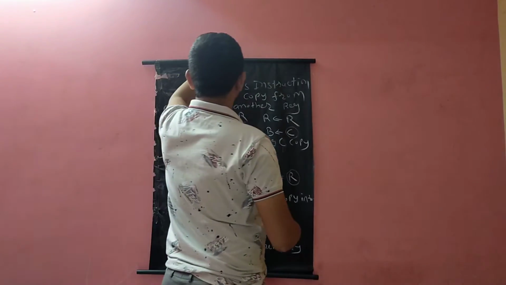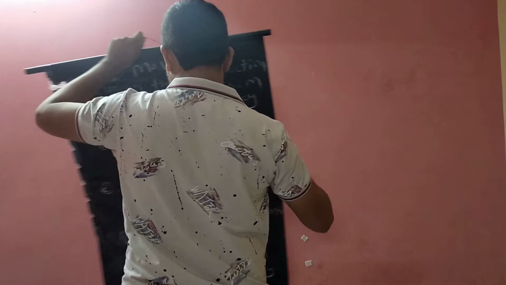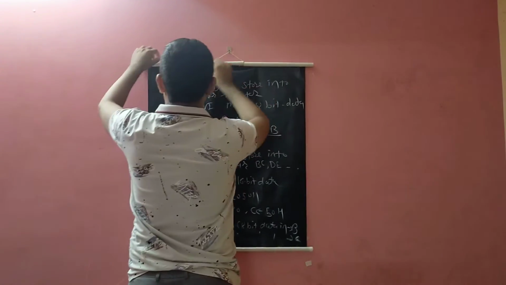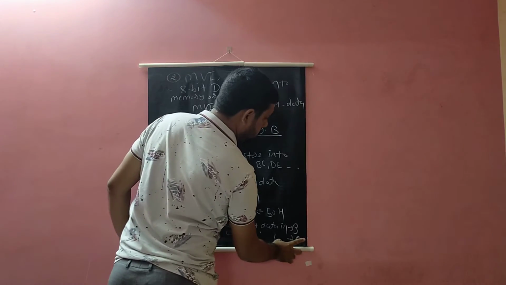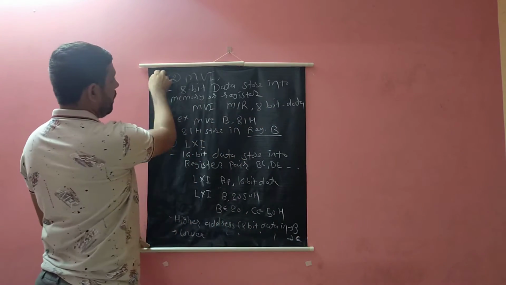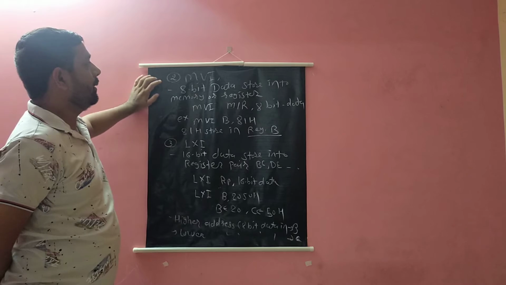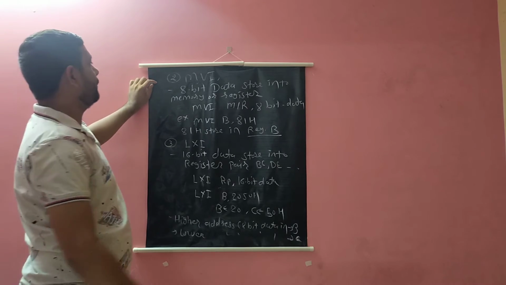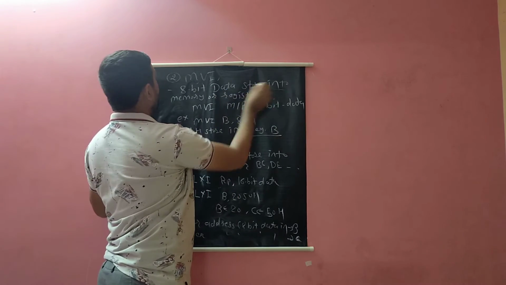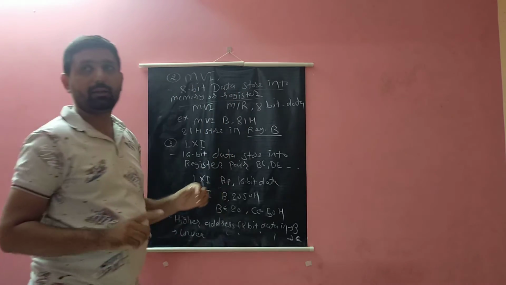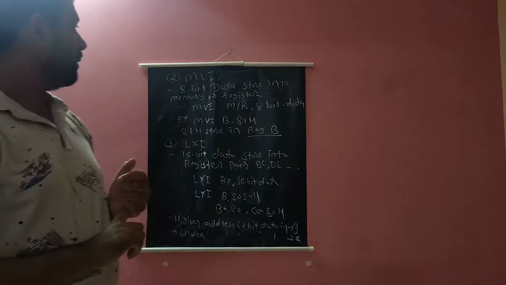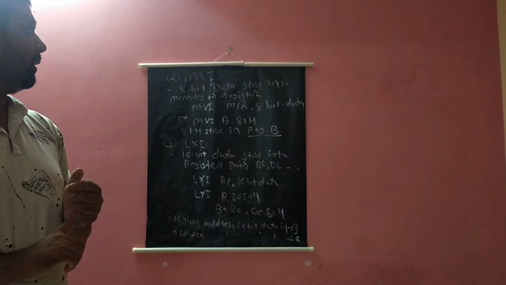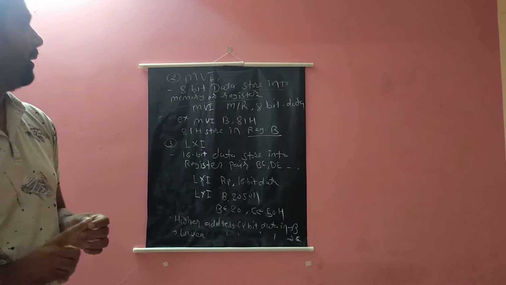Now we see the next instruction, MVI. Using this instruction, 8-bit data is stored into memory or register. That means we use this instruction in programming to load 8-bit data.